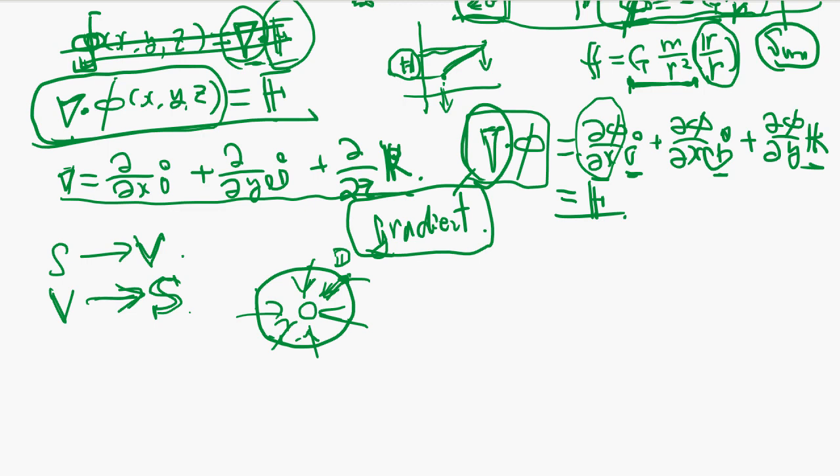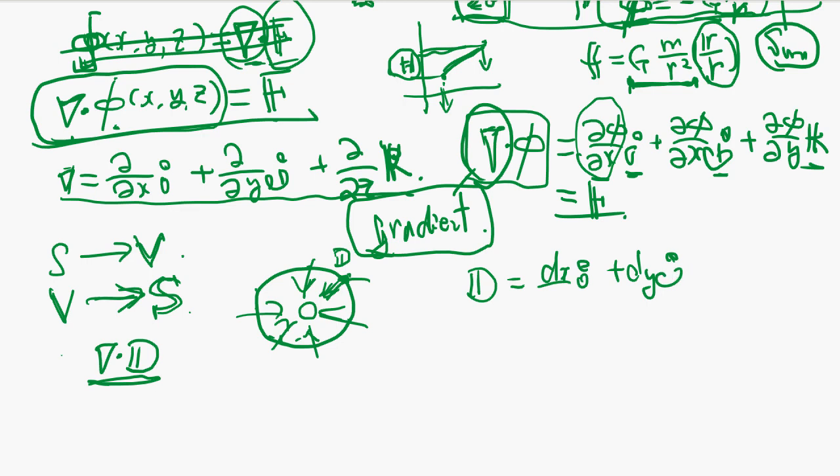Okay, so you can have a derivative of D, right? So this is different. This is a scalar. This is an inner multiplication. So D is the amount of water flowing, dx i plus dy j plus dz.